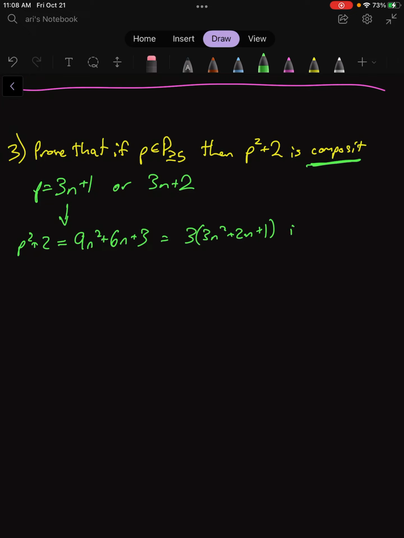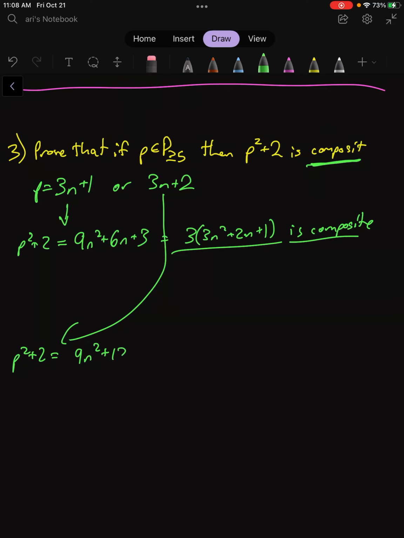So that is composite. Factoring out a 3 is enough to be able to say it's composite. You don't have to say anything else. And then for the other case, we get p squared plus 2 equals 9n squared plus 12n plus 4 plus 2, which is 6, which equals 3 times (3n squared plus 4n plus 2), which is composite. So that works.